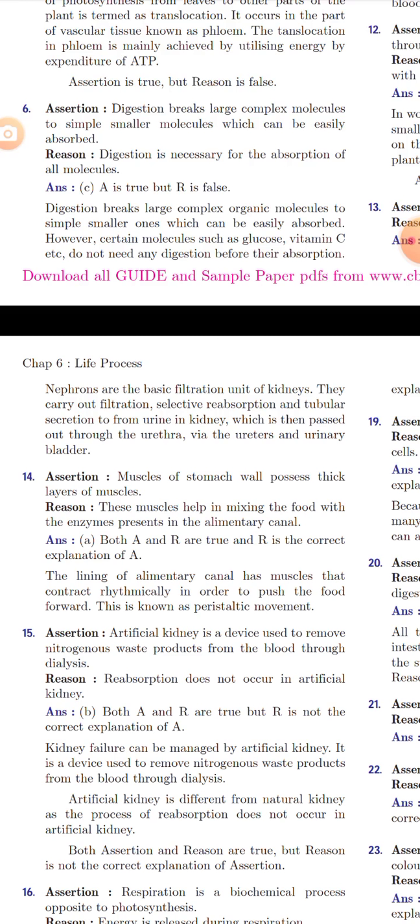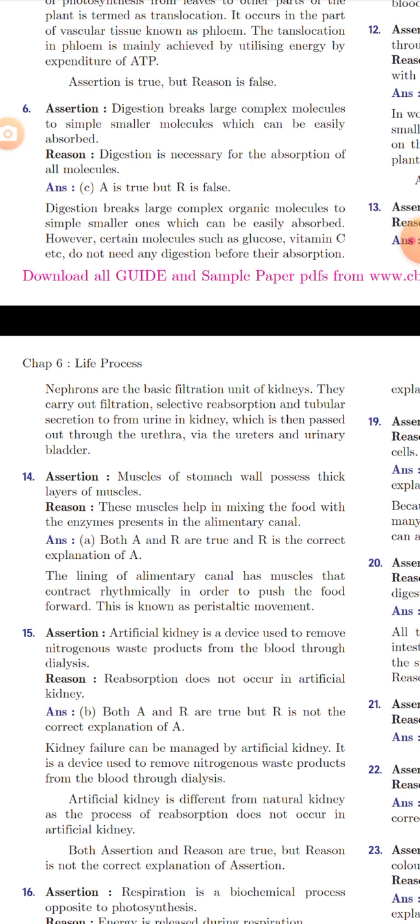In the same manner, the body is designed to absorb the nutrients present in your food, like glucose, amino acids, lipids, in an easily absorbable manner. The big molecules like carbohydrates and proteins cannot be absorbed.